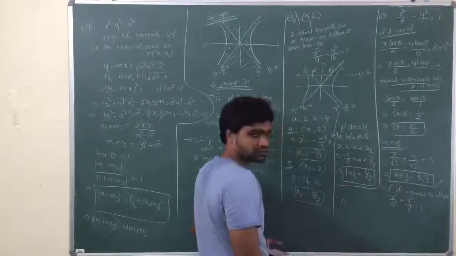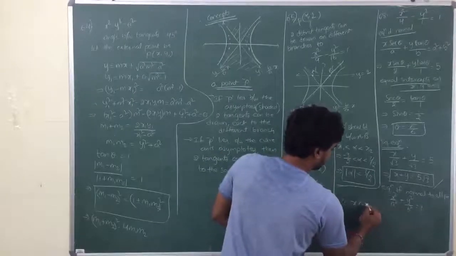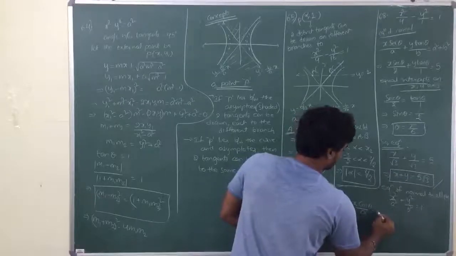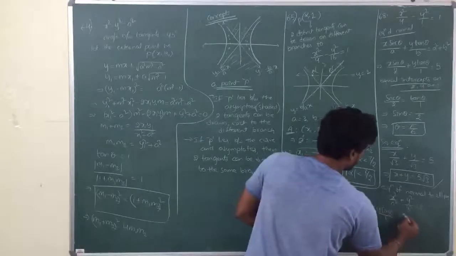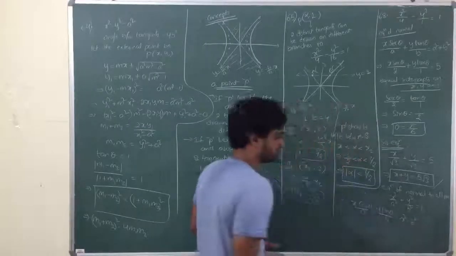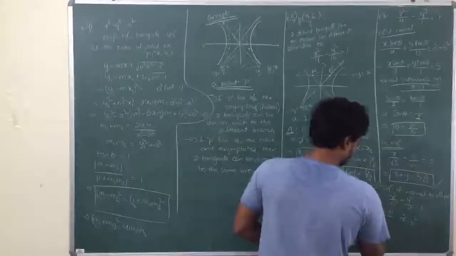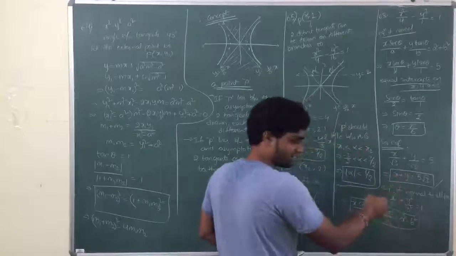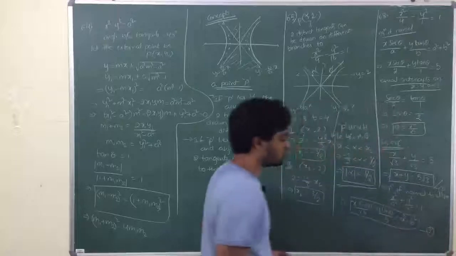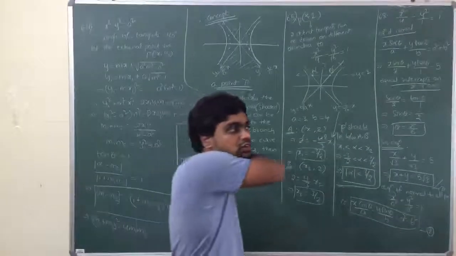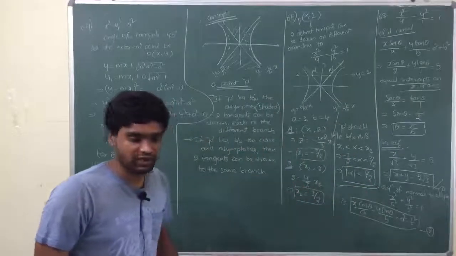The equation of normal to ellipse is x cos theta by a minus y sin theta by b is equal to a square minus b square. Compare these two. These two are same. Compare 1 and 2. You will get the values of a and b, simple. Or you will get a square plus b square, whatever. Compare 1 and 2. You will get the answer.